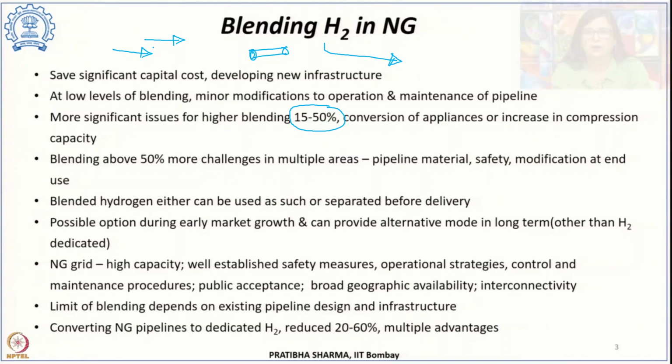Suppose you are planning for distributing hydrogen. Initially your demand will be very low, so you can use a model like the Vodafone, Idea, Jio and Airtel networks. They are sharing infrastructure. Suppose Vodafone has built one tower at one location at its own cost.